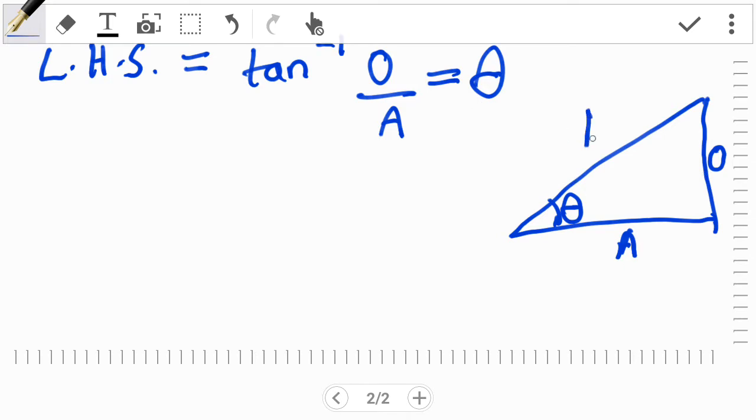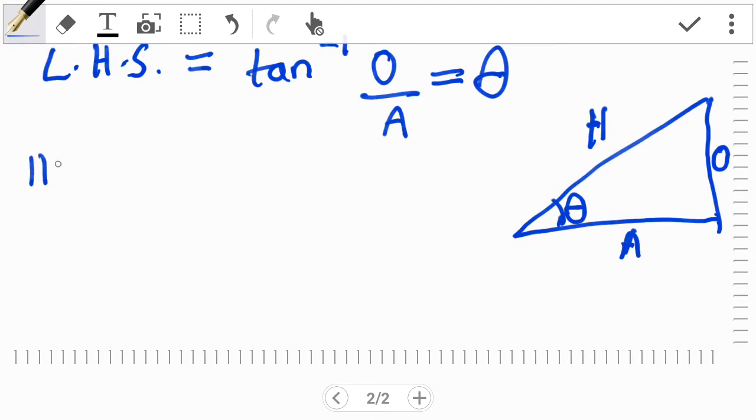Now let us see what is the length of the hypotenuse H. The length of the hypotenuse can be found from the theorem of Baudhayan, also known as the theorem of Pythagoras. It is well known that Baudhayan knew at least some part of the theorem of Pythagoras much before Pythagoras.